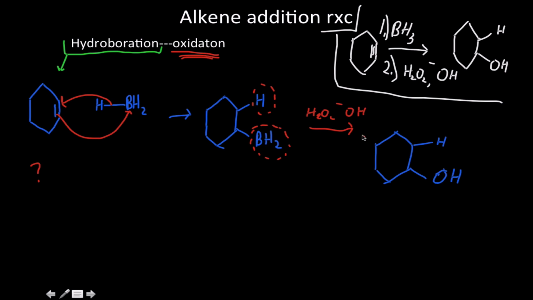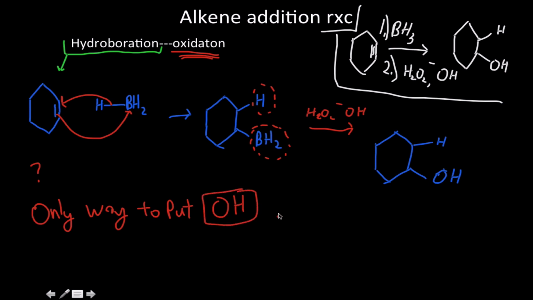In this, though, this is the only way, if you're talking about making stuff, to put an OH group on the least substituted carbon. I probably should have drawn this with some substitution on the cycloalkane instead of just drawing it as a straight cycloalkane. On the least substituted carbon, that's the only way we can do that.